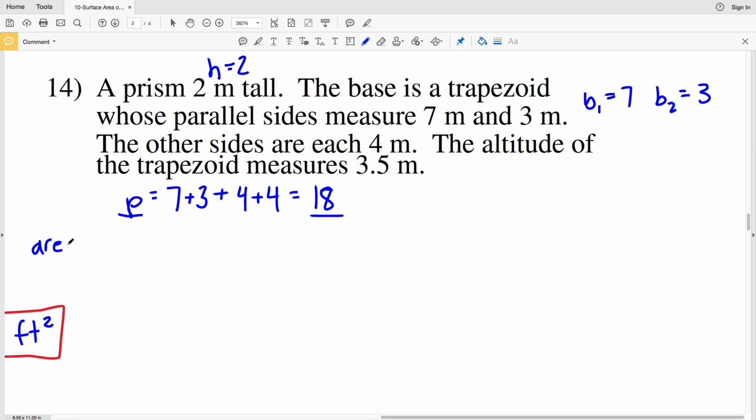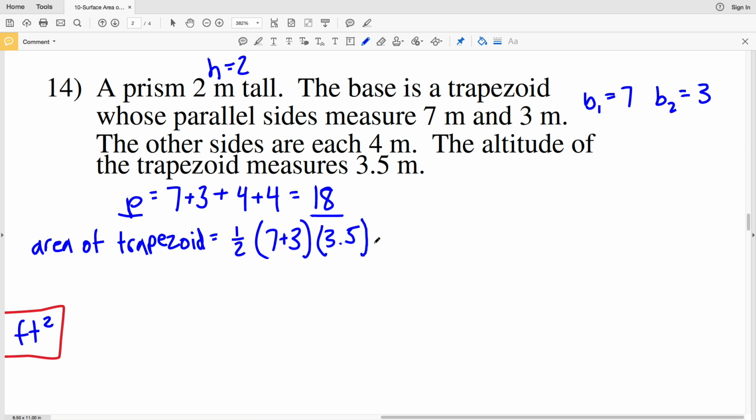The area of one of the trapezoids is 1/2 times base 1 plus base 2, 7 plus 3, times the altitude or the height of that trapezoid, which is 3.5. So the area is 0.5 times 7 plus 3, which is 10. That'll give us 5, and then we're multiplying that by 3.5, which is 17.5.